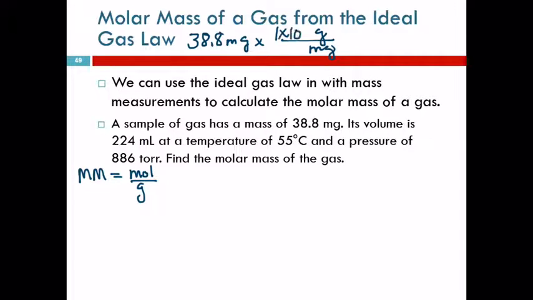Milli means 1 times 10 to the minus third. And so this is equal to 0.0388 grams. So the molar mass equals 0.0388 grams divided by some number of moles. Could we find out how many moles of gas there are? We could use the ideal gas law.